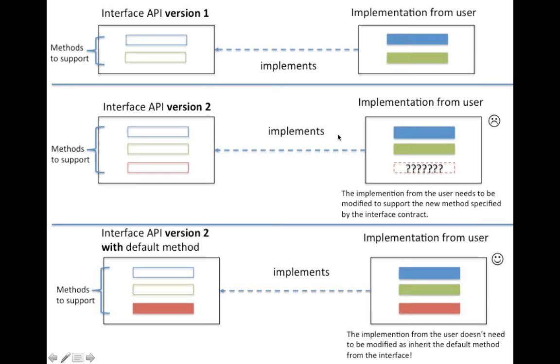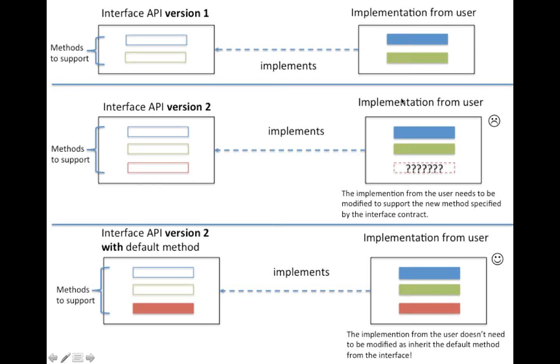So let's visualize this a little bit. Let's say we have interface API version 1, and a user is implementing it. Those empty boxes represent methods to support, and the full boxes represent implementations. In API version 2, you decide that the API will really benefit from introducing this new method. In this case, it's this red empty square.